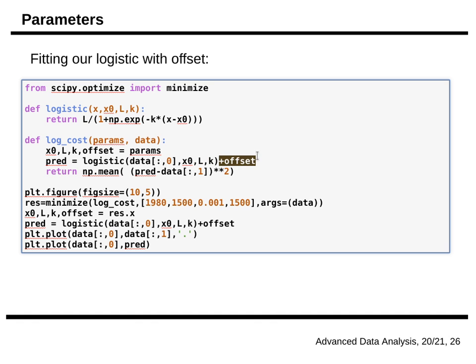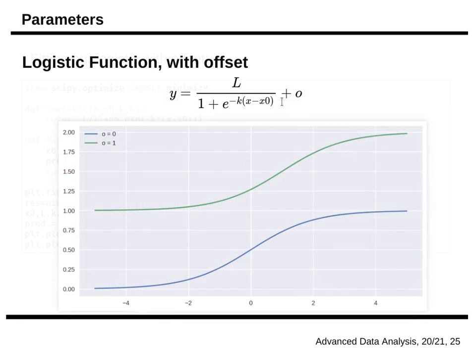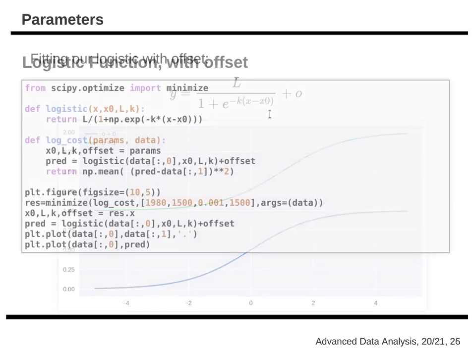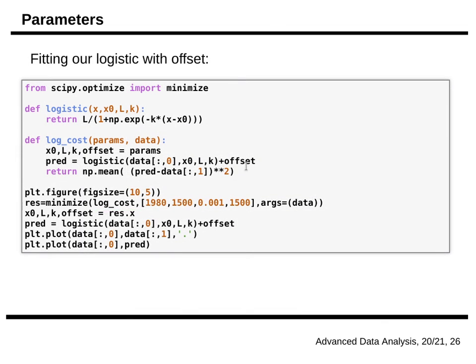But then we add the 4th parameter, so we get this modified version here, so that we can adjust the curve higher or lower. And now we compare that prediction with the actual data, and this is the mean quadratic error between what we are predicting with the curve and what the data is. So now this is what we're going to minimize with the minimize function. So we're going to minimize this cost function here.